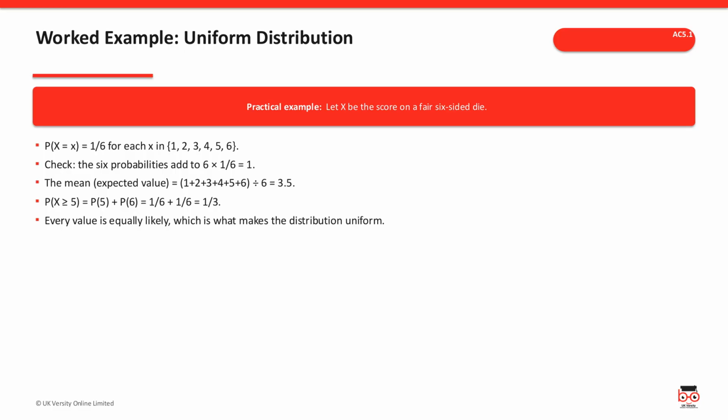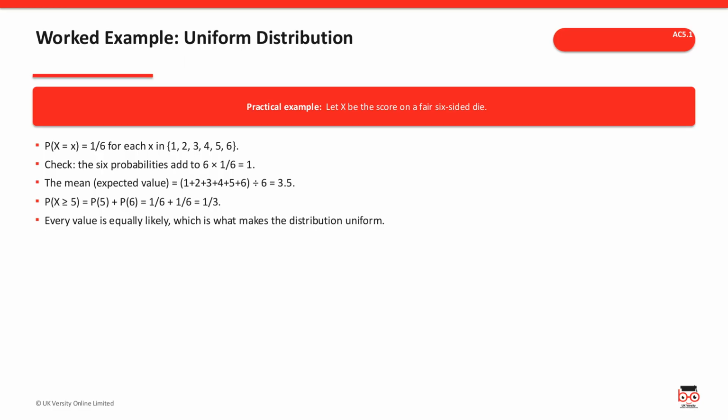Let's work with a fair six-sided die, calling the score x. The probability that x equals any particular x is 1/6 for every x from 1 to 6. Quick check: 6 values, each with probability 1/6, add to 6 times 1/6, which is 1, good.